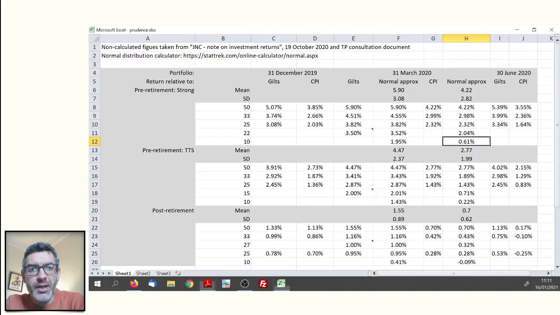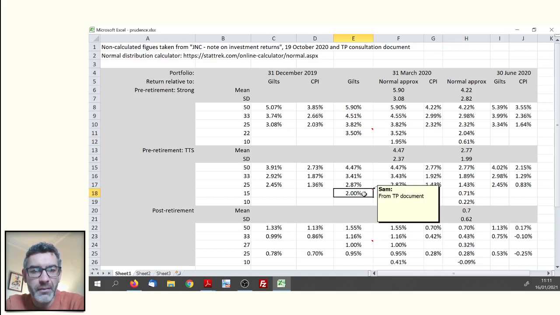Okay, so if I go back to my spreadsheet, let's just examine those CPI plus rates for the pre-retirement tending to strong portfolio. Now remember, USS had said that they were using the 85th centile for the pre-retirement discount rate in tending to strong, and that's where their gilts plus 2% figure came from.